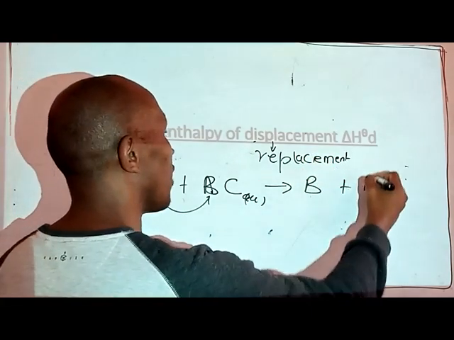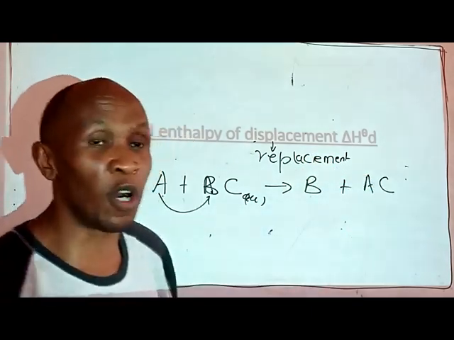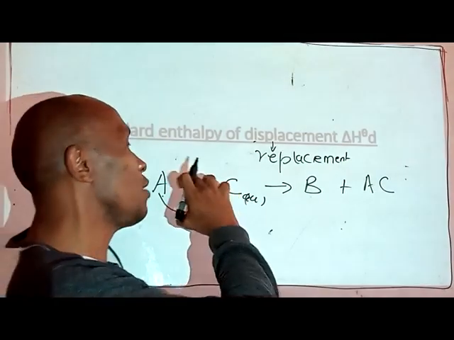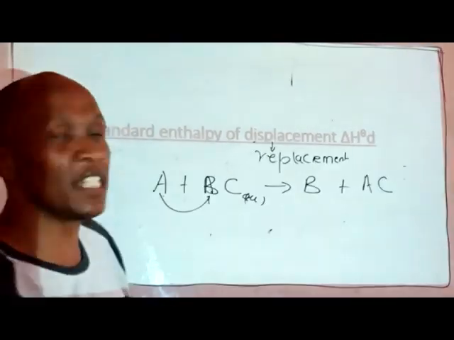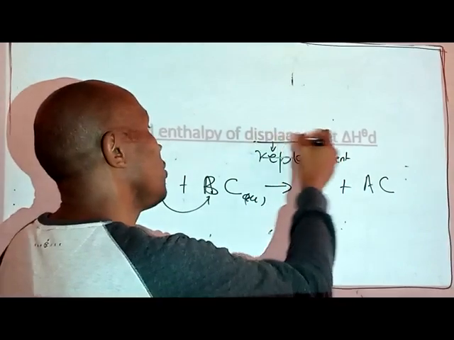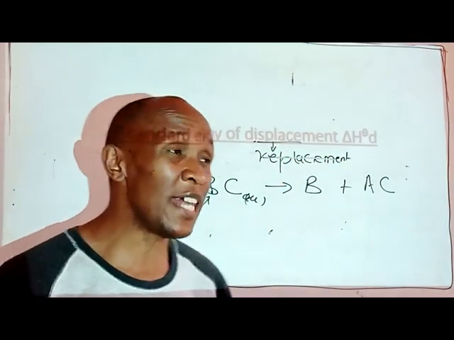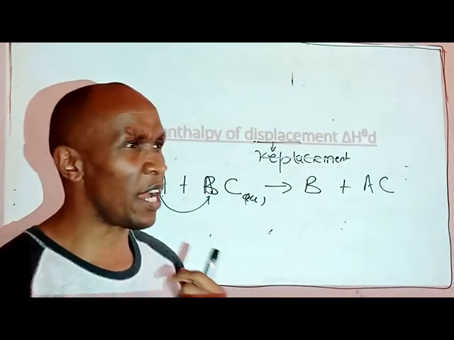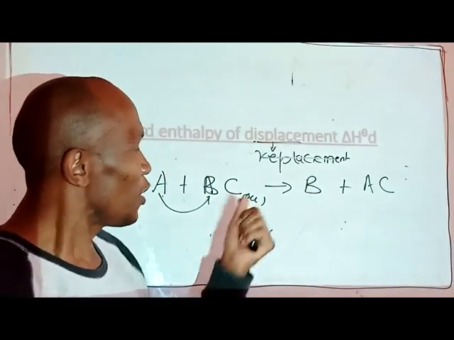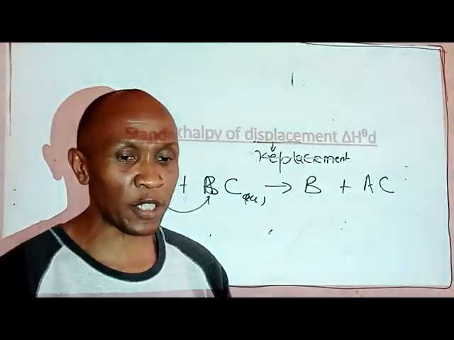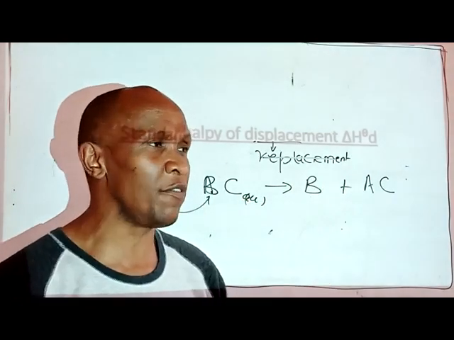Then we are going to have a compound of A. So A has replaced B, A has displaced B. But the correct term to use is displace. So we call that a displacement reaction rather than a replacement reaction. We don't have a replacement reaction. So that's a displacement reaction on order of reactivity.